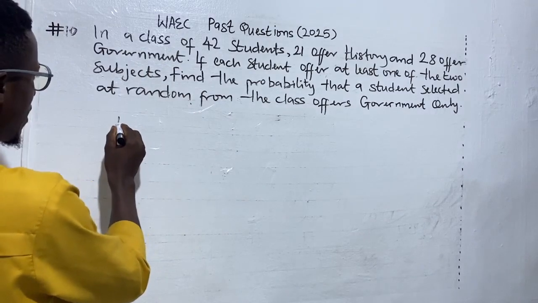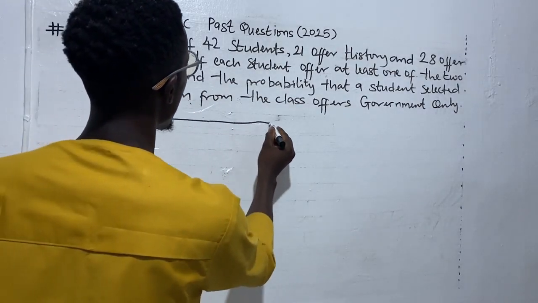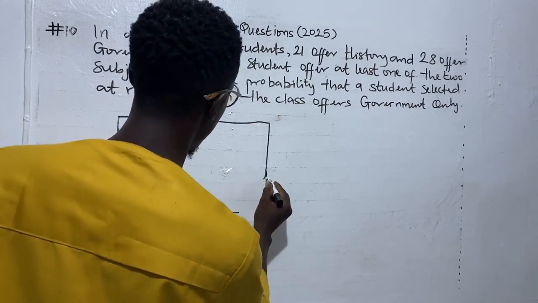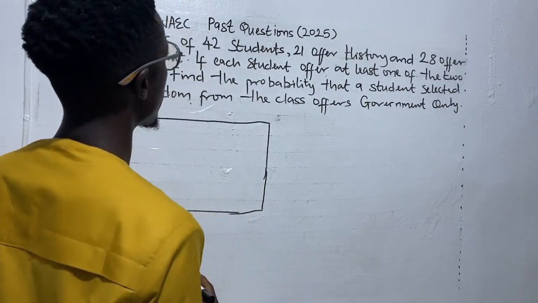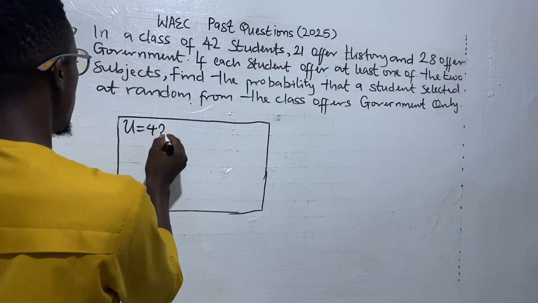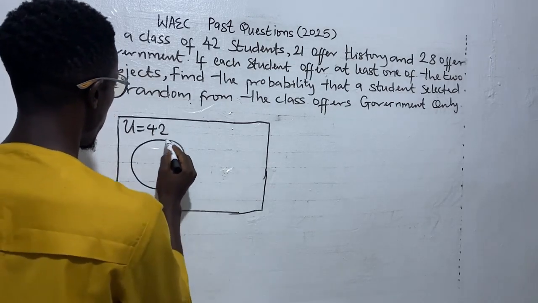Let's say this box represents the whole of the class. We were told that the total population of the class is 42 students. This is the first course, which is history.